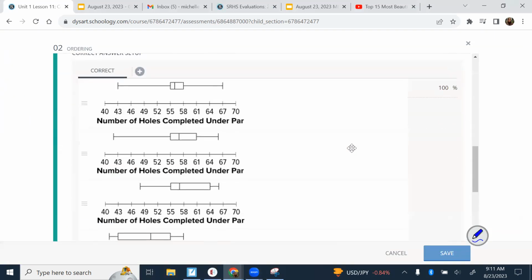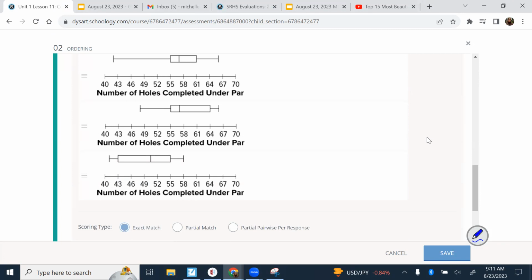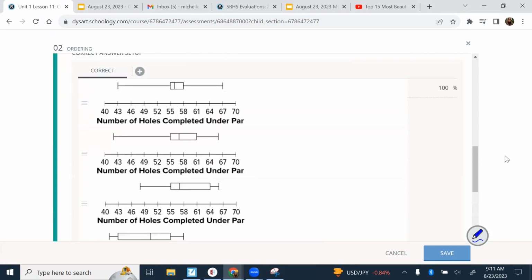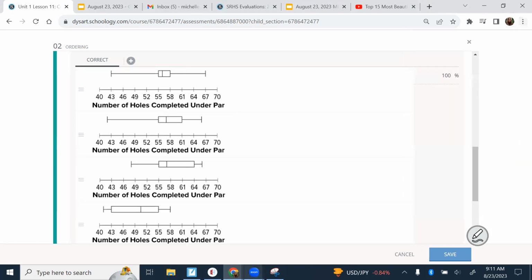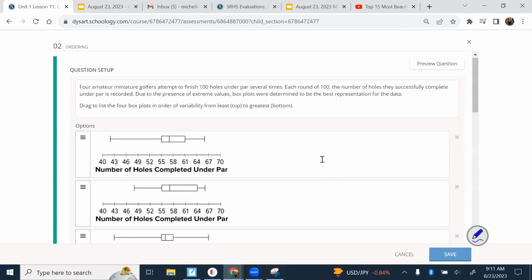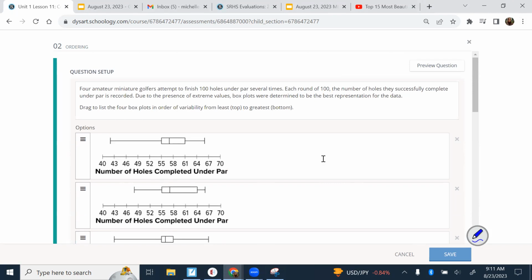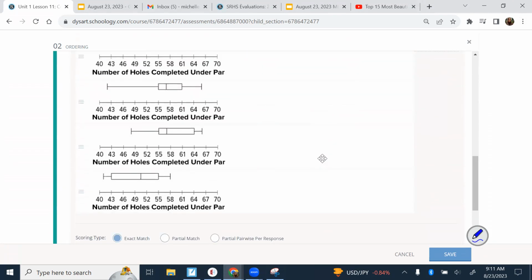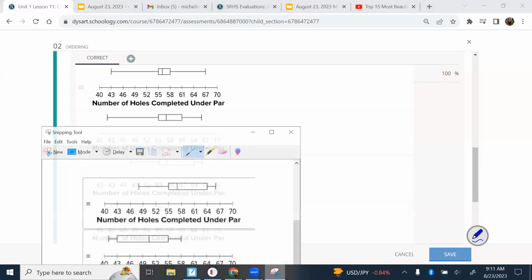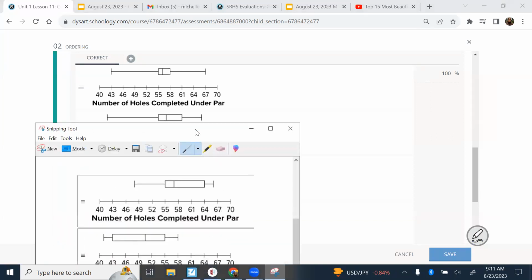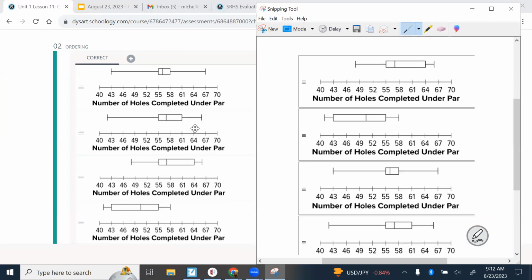Okay, so correct answer setup, let's compare. Sometimes it is wrong, so I'll have to check the book probably. But if we're going from least variability to most, then we are completely off.